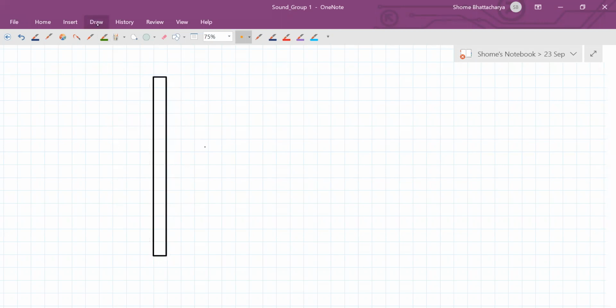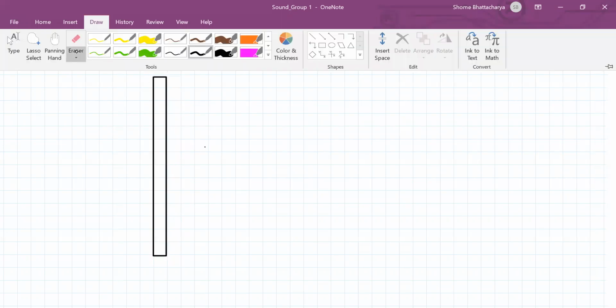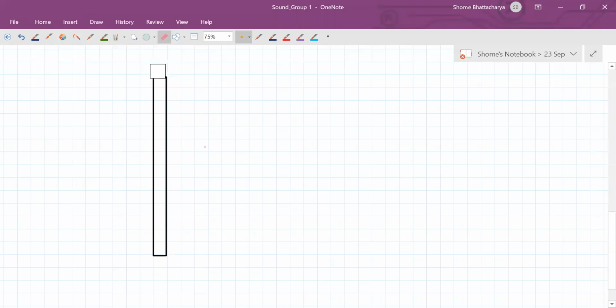So let us say this is our open organ pipe. Okay. So the total length is 100 centimeters.